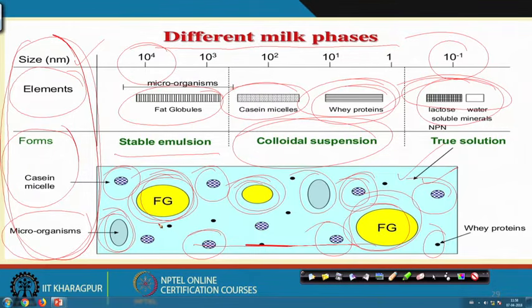So, in that case what is happening is that day by day the price of milk is going up, and since other costs like fuel cost and transportation cost are also going up, someday it will come that the price of milk is very high.